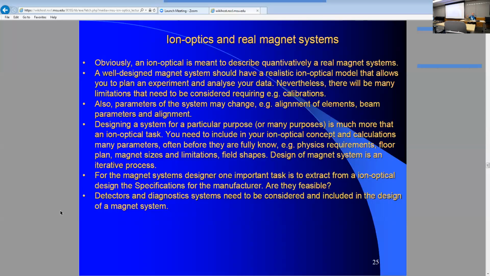For instance, COSY doesn't prevent you from putting 2 magnets so close that the coils interfere; that you have to consider. If you are just commissioning, then the designers have already done that. If you go there, you see nothing interferes with each other, but in the design you have to do that. Detectors and diagnostic systems have to be included, of course, so that you can check what you have and learn what your system is.